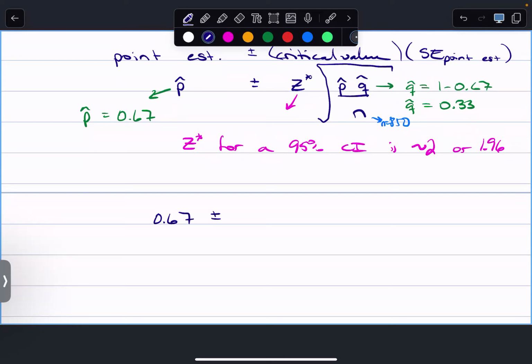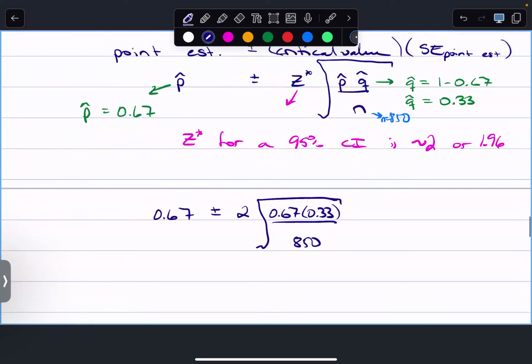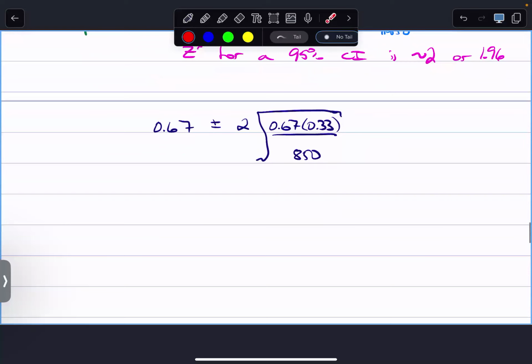So 0.67 plus or minus 2 times the square root of 0.67 times 0.33, divided by 850. We have to solve the square root first.